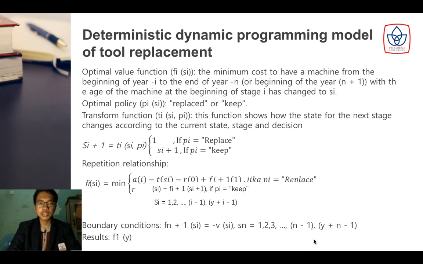Transform function. This function shows how the state for the next stage changes according to the current state and decision. The formula is like this. Recurrence relationship, the formula is like this. Boundary condition, the formula is like this.